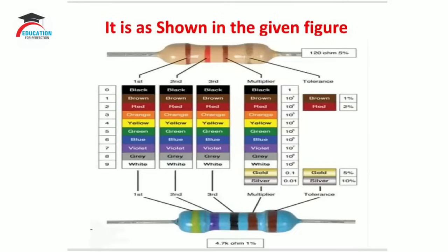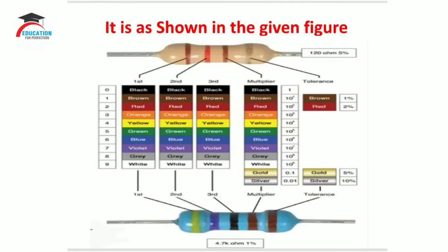That means the value of the resistance can vary by 5% in case of gold and 10% in case of silver colored bands. So friends, in this way you can also calculate another resistance given to you, and in this way we complete the topic of resistors.